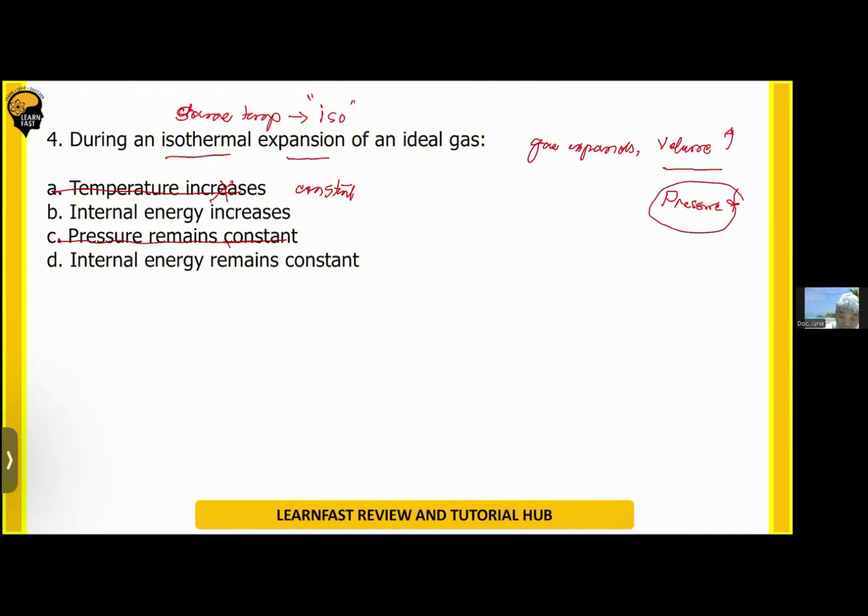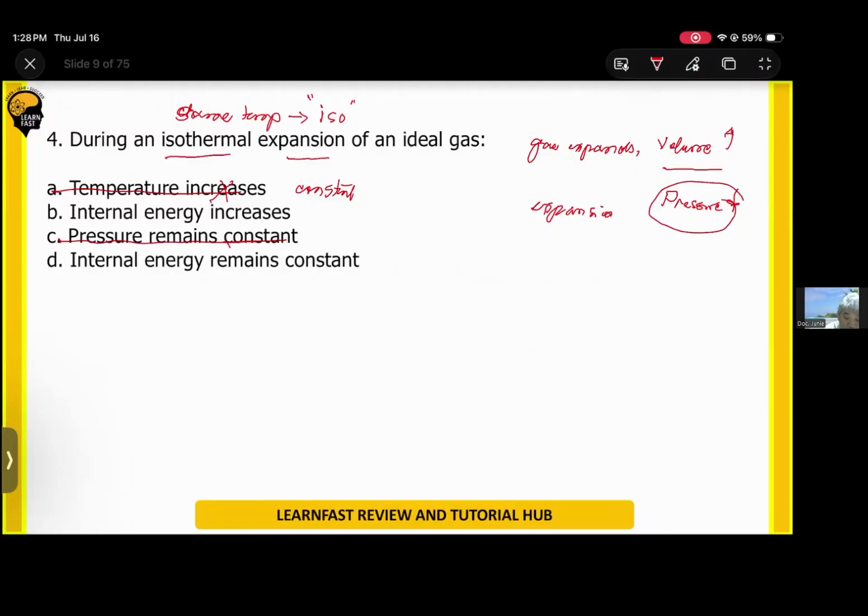So letter B is also false because internal energy does not increase if the temperature is constant.